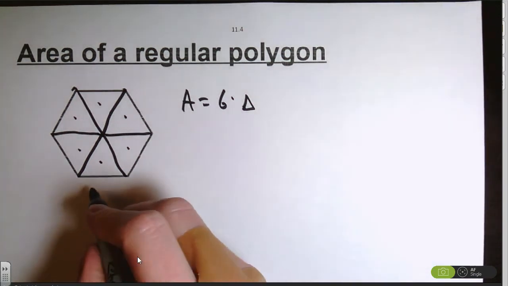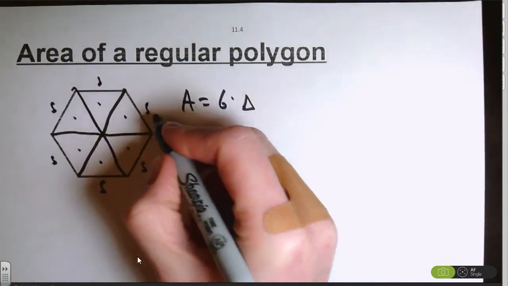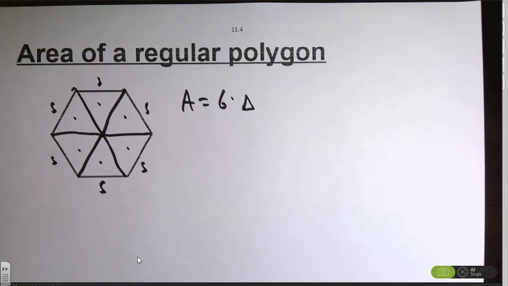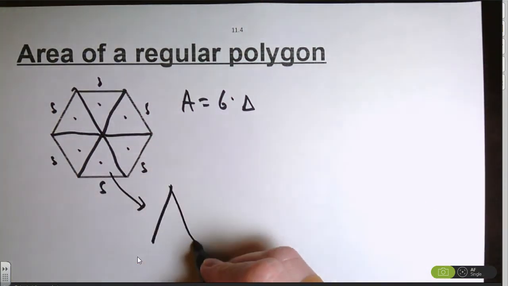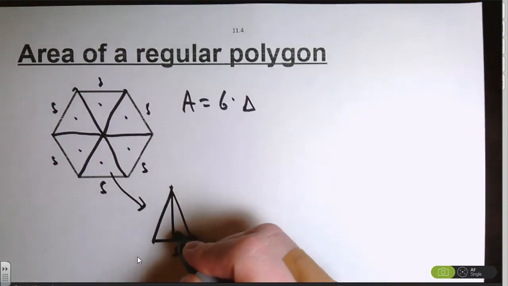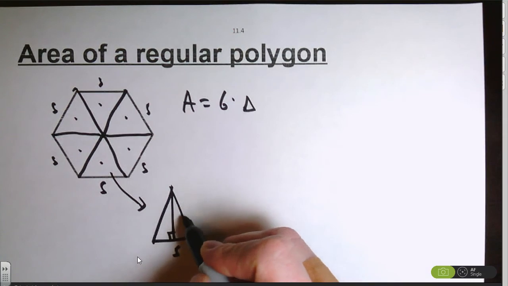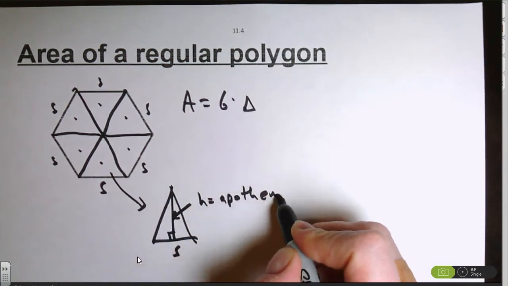Now, let's just call this S for each side length. Okay, so the area of one triangle, if I just kind of pull this guy off to the side, is 1/2 base times height. Well, the height of this triangle here is really that apothem. That's why we have that figure.